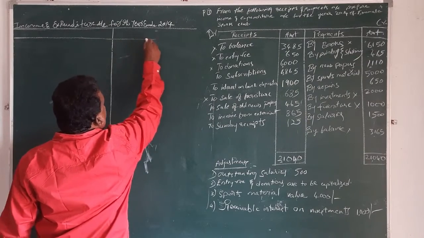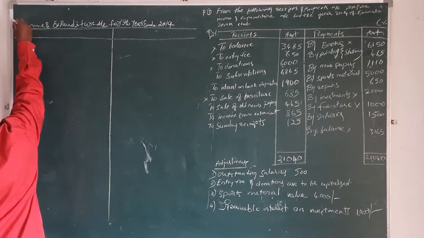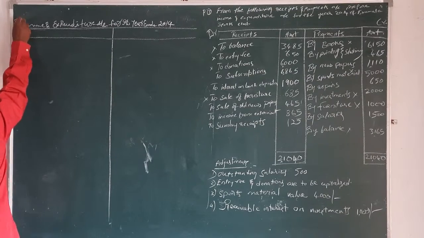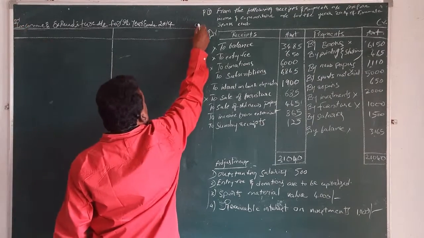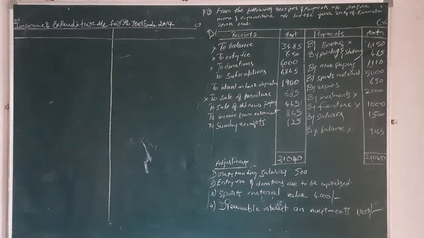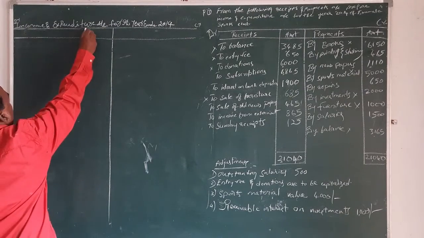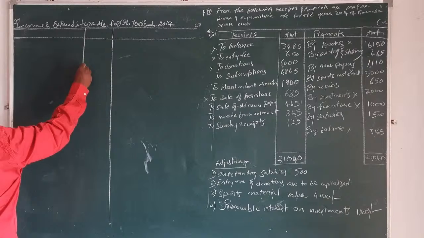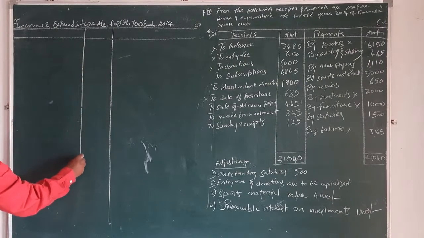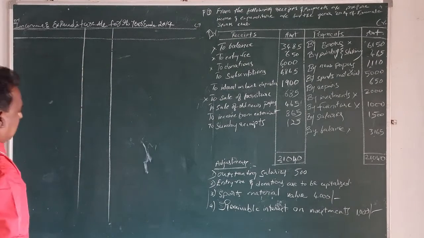This account has been divided into parts: this side, let's say debit, and the credit side. The debit side is divided into particulars column, amount column, expenditure column, amount column.